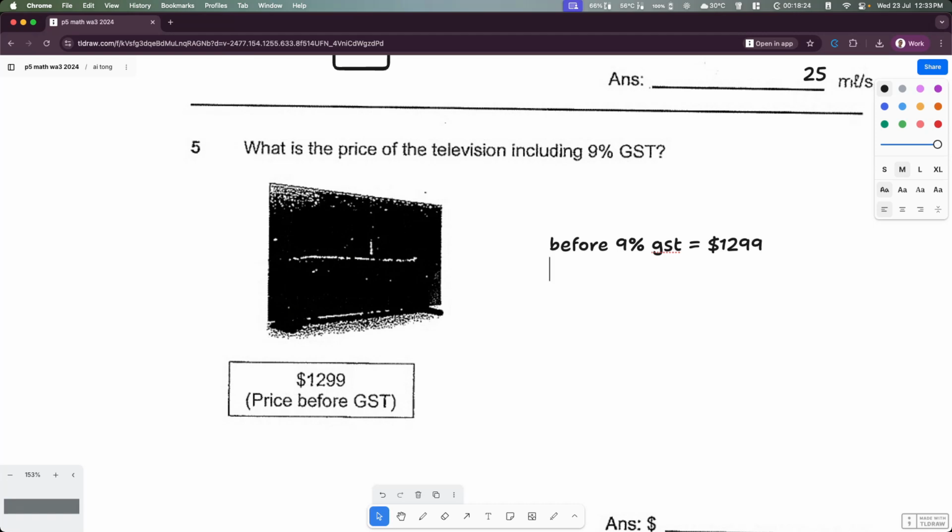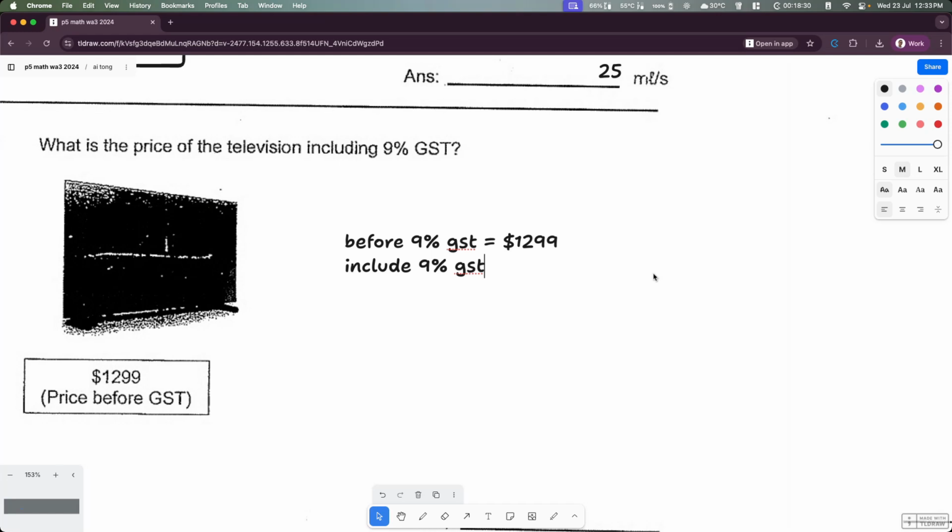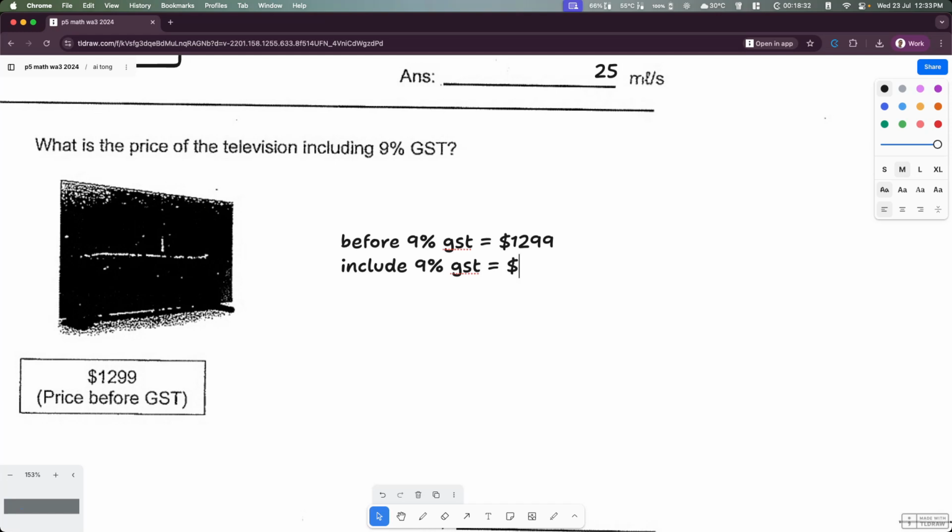To include 9% GST, how to do this is basically, there are two ways to do this. For the first way, I can just multiply. So this is in a way 100%, so what I can do is I just say times 109 percent.